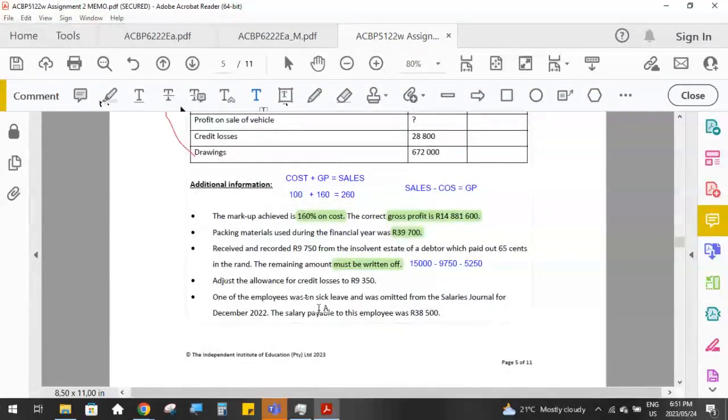One of the employees was on sick leave and was omitted. That just means we haven't yet recorded their pay because it was omitted from the salaries journal for December, and the salary payable to this employee was 38,500. So that is an accrued expense that we just have to add.